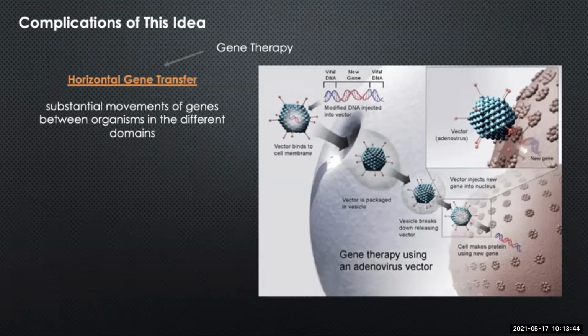And so scientists have been doing a thing where they actually program a virus with a new gene. And so that virus goes into your cell membrane, goes into this different vesicular package, and then actually gets shipped into your nucleus. And then it will insert that new gene into your DNA.